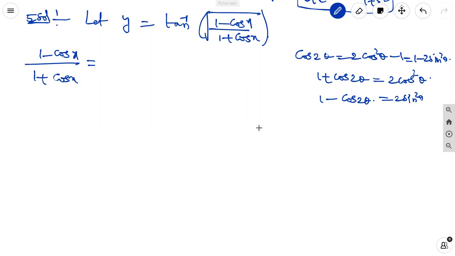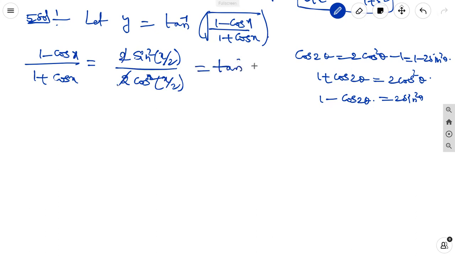Here 1 minus cos x means 2 sin square of x by 2, by 1 plus cos x, which means 2 cos square of x by 2. The 2 gets cancelled. It is equal to tan square of x by 2.